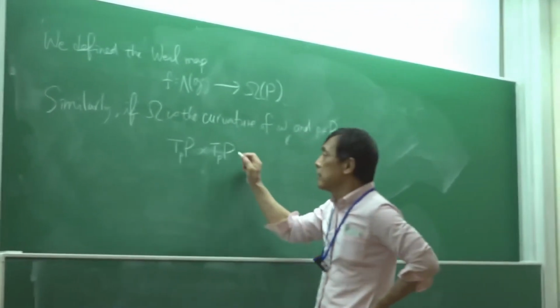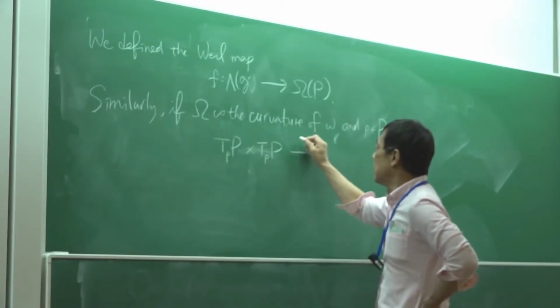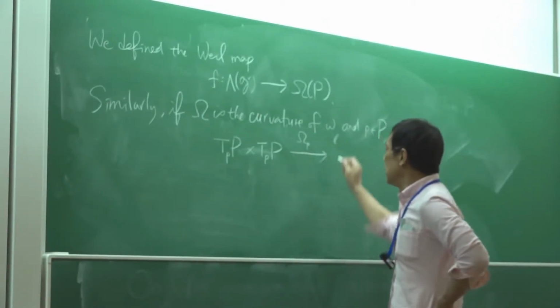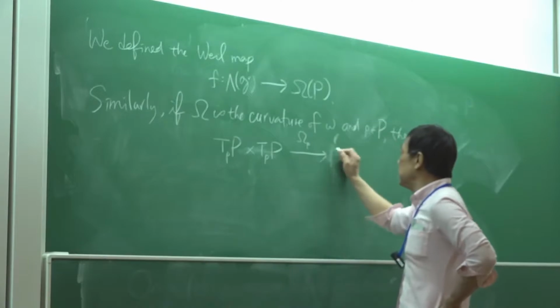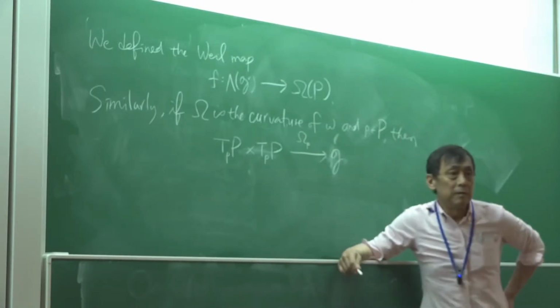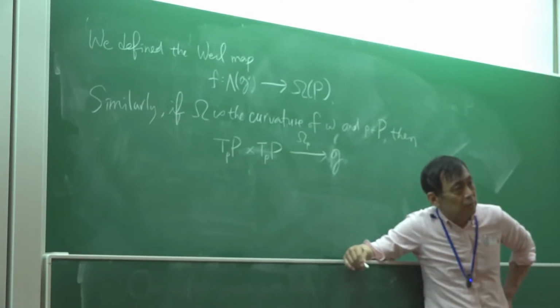So it takes two arguments, and it gives you G, because the curvature is a g-valued 2 form.